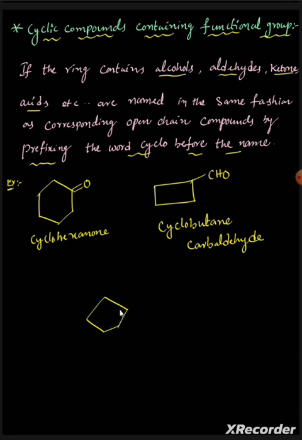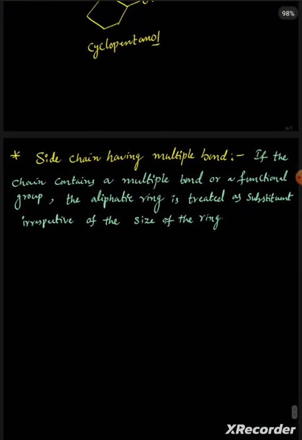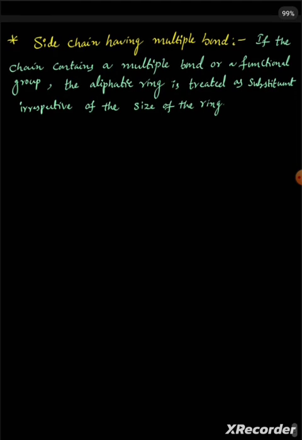Okay, next, this is a 5-membered carbon chain. Okay, simply we can write cyclopentanol. Okay, here alcohol group suffix as ol, cyclopentanol. Okay, next important point, this is the last point in this topic.